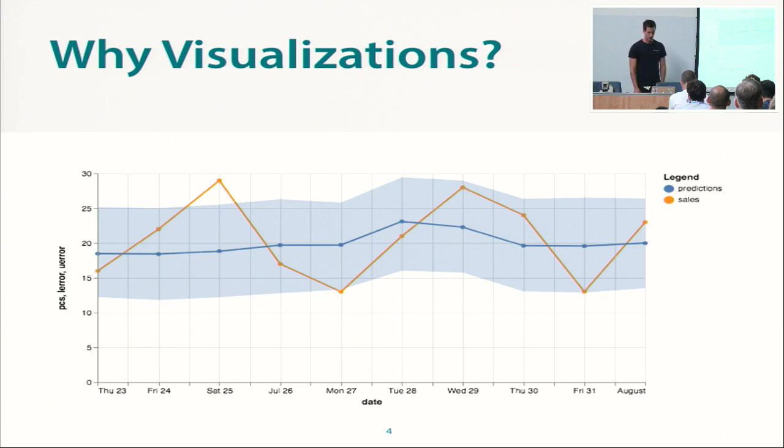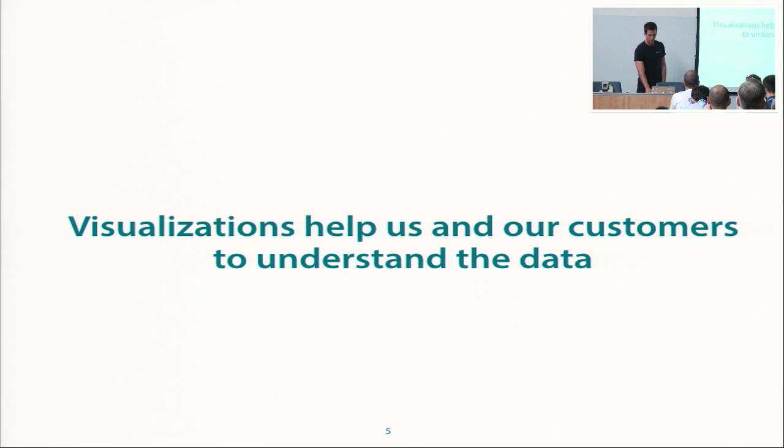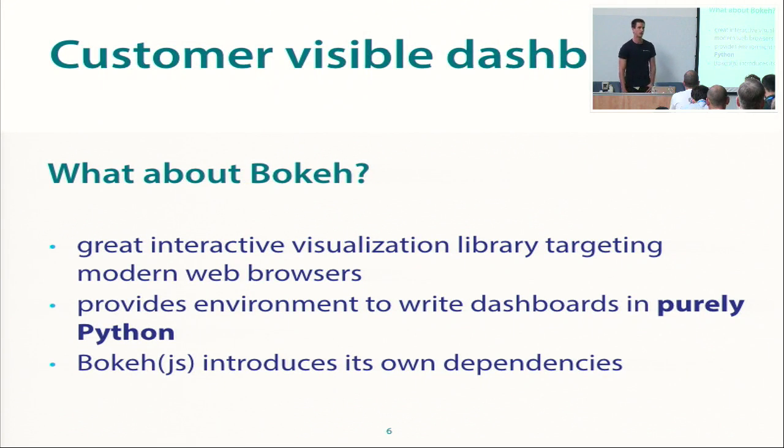So, Python has a really big landscape of visualization libraries. There's things like matplotlib, you have Seaborn, pandas plotting, but not all are that well suited to integrate into web applications. So what we tried first was Bokeh.